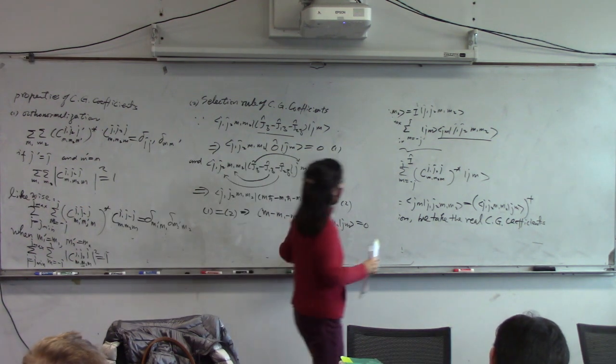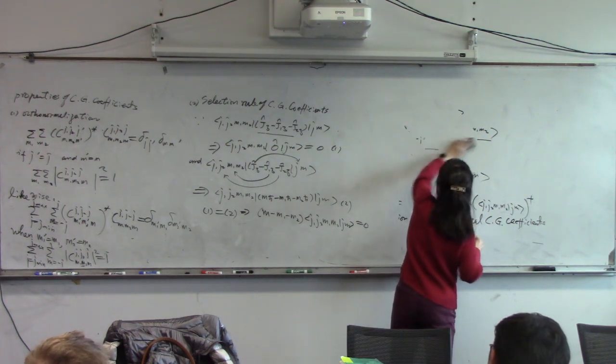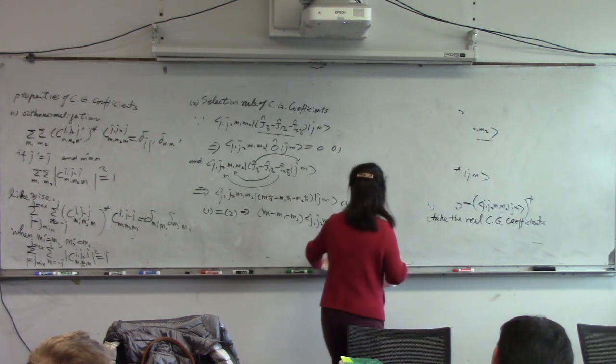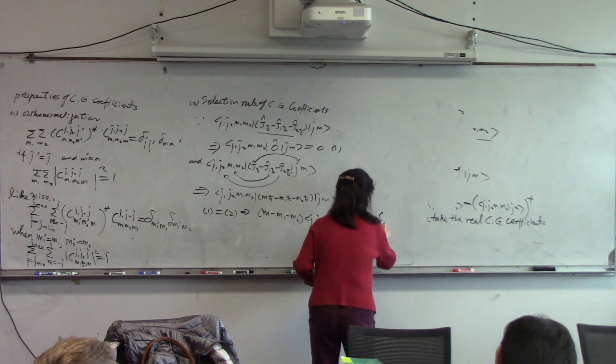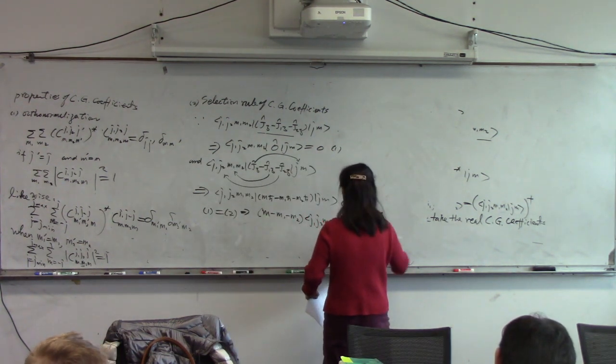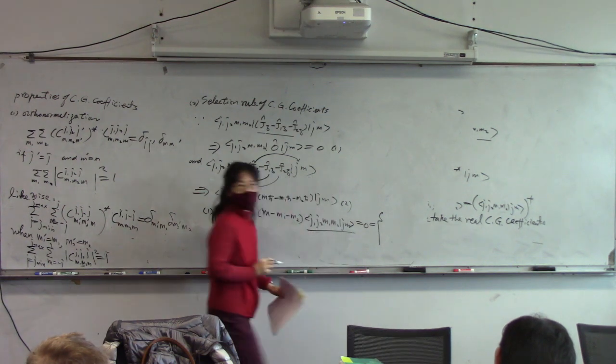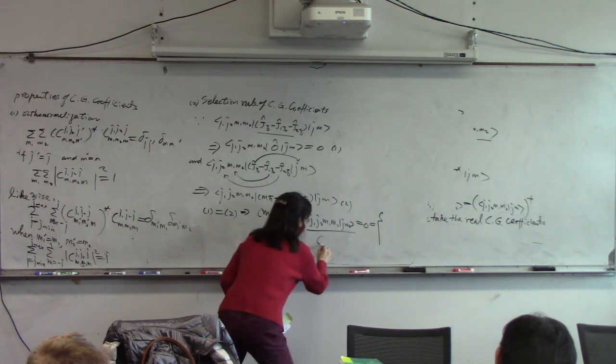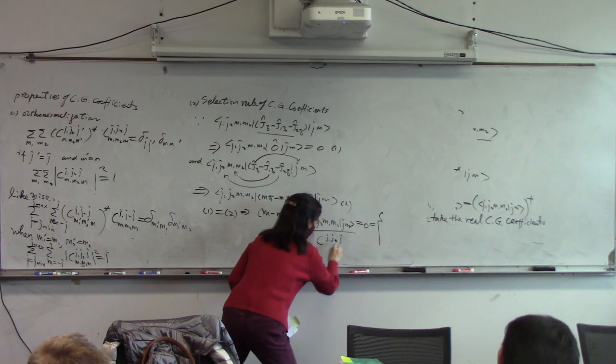Okay, so if this is equal to 0, then we can discuss. First, this one is what? The Clebsch-Gordan coefficient, right?